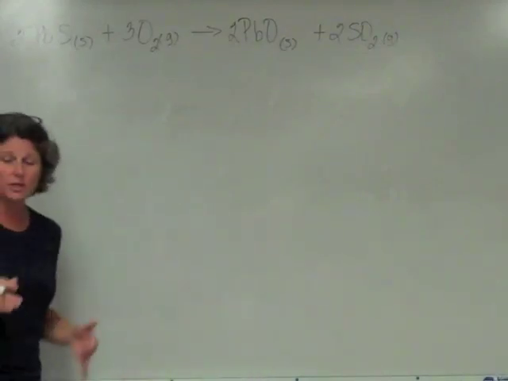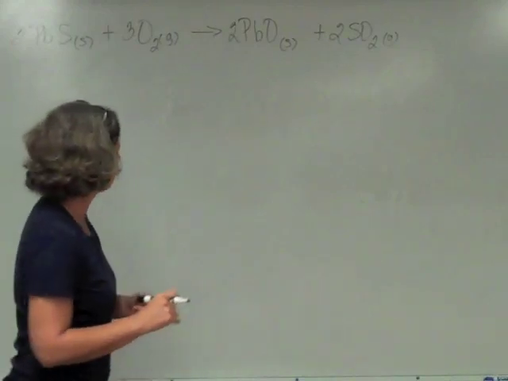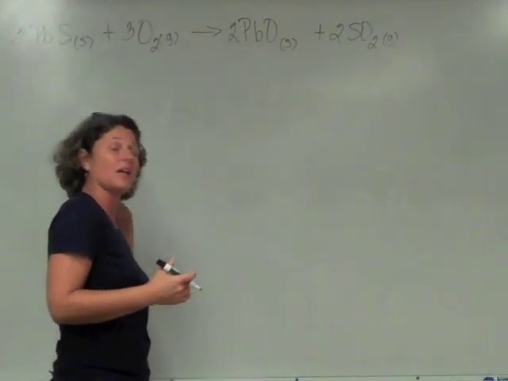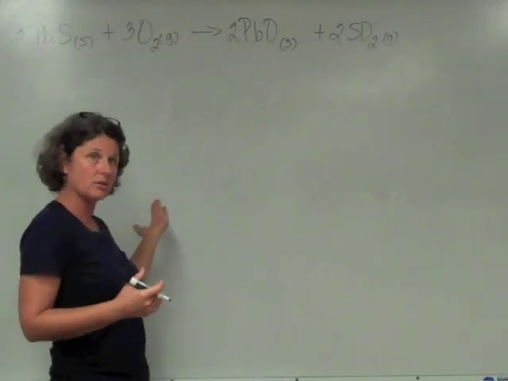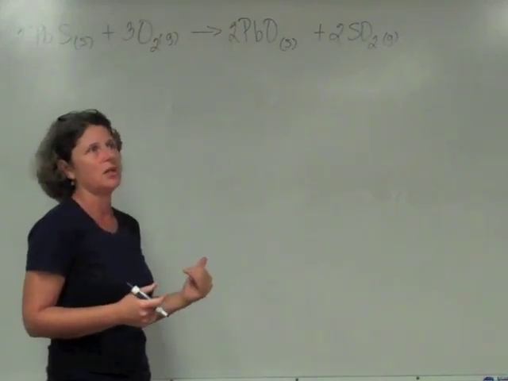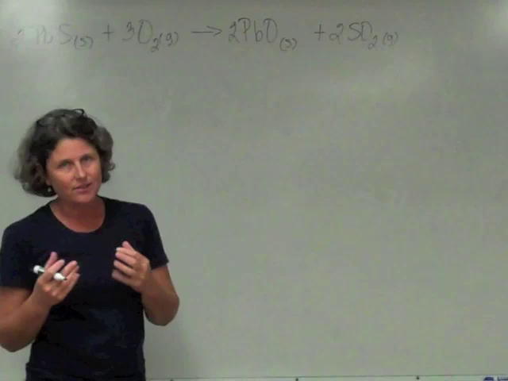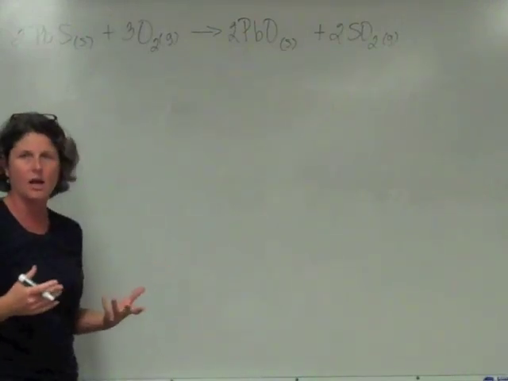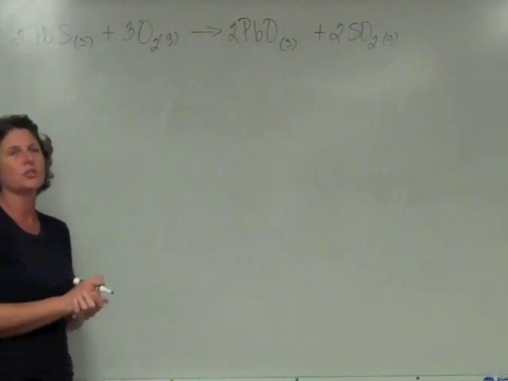Our job here is to figure out which element in this reaction is giving up its electrons and which element is receiving electrons. Oxidation reduction means that there is a transfer of electrons somewhere.